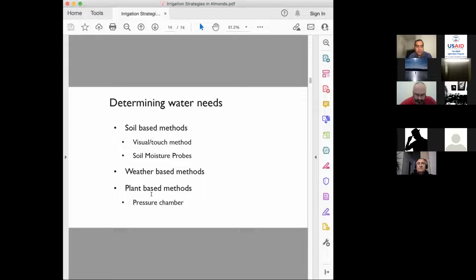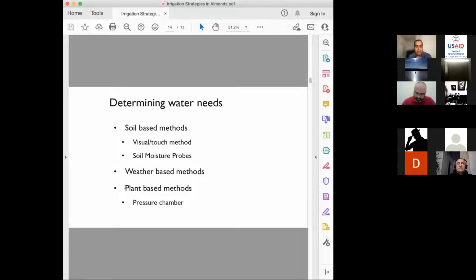Then there are plant-based methods. I would not say that this is actually a fully blown method by itself, but plant-based methods would be plant-based monitoring tools like a pressure chamber or sap flow sensors. Those tools basically guide us on when to start irrigating or when the tree is going into a water stress situation.